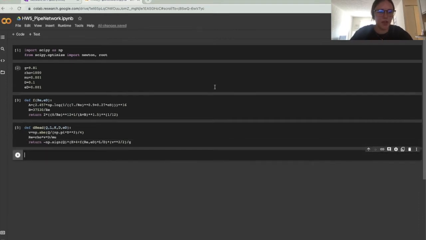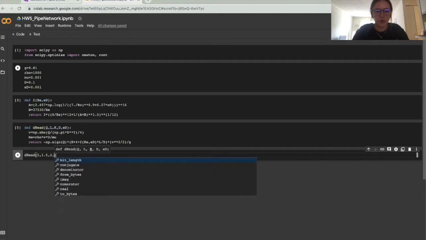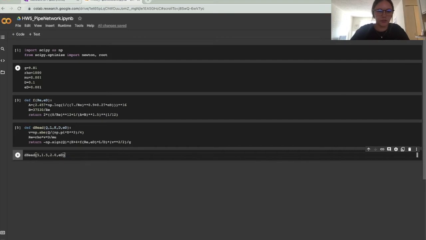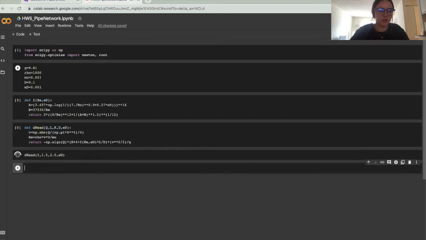And so if we run that, no errors, and we can put in some random numbers to check it. Q, let's do 5. L, let's say 1.5. K, we'll do 2.0. And ED, we're just going to have set as that. So let's run it.